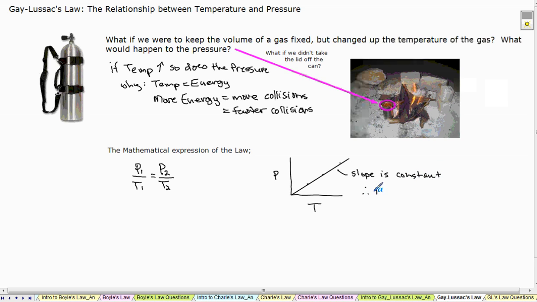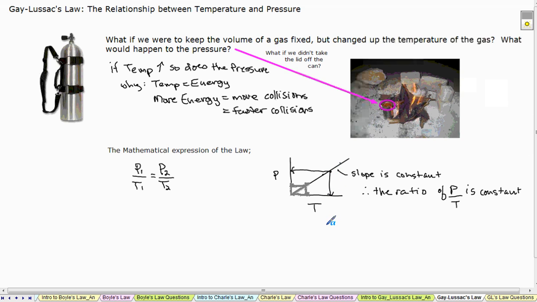Therefore, the ratio of pressure over temperature is constant. So it doesn't matter what the pressure is. The pressure divided by the temperature anywhere along this line will always give the same ratio.